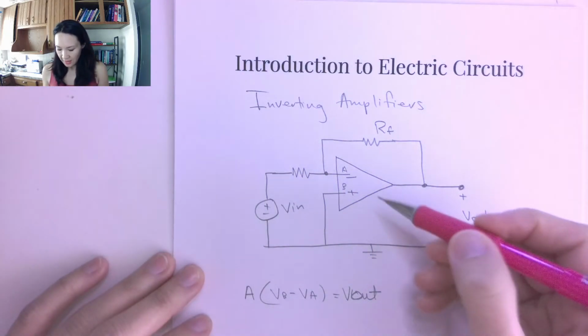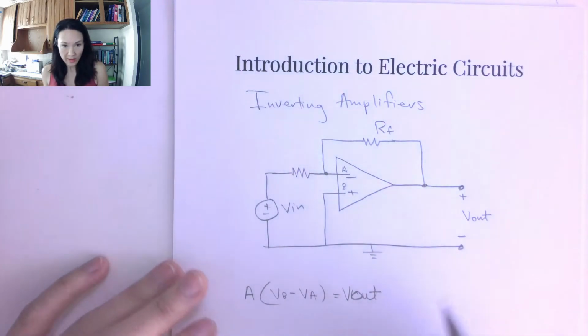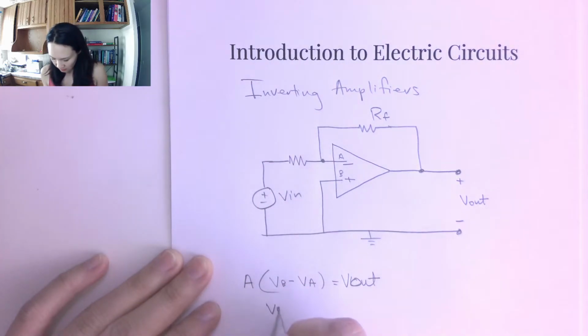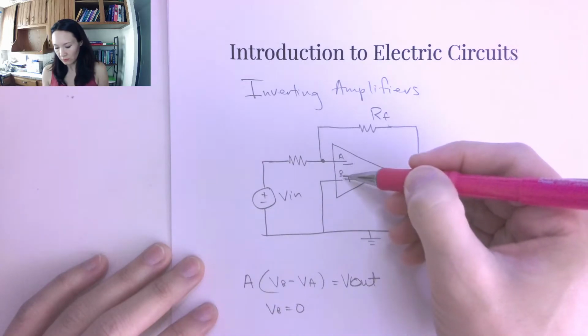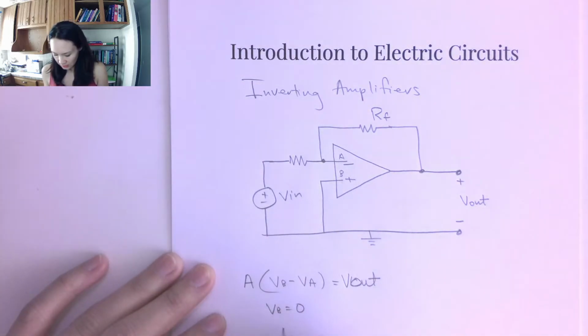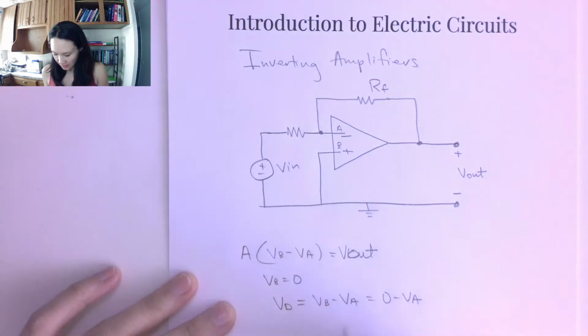So that means that if one of these is tied to ground, VB is actually going to be equal to 0. So the voltage difference between them, VD, is VB minus VA. Since VB is 0, this is 0 minus VA. So it turns out that negative VA is what gets amplified.